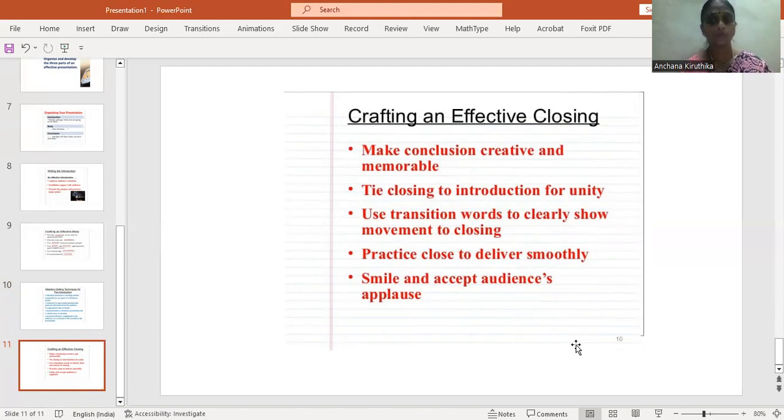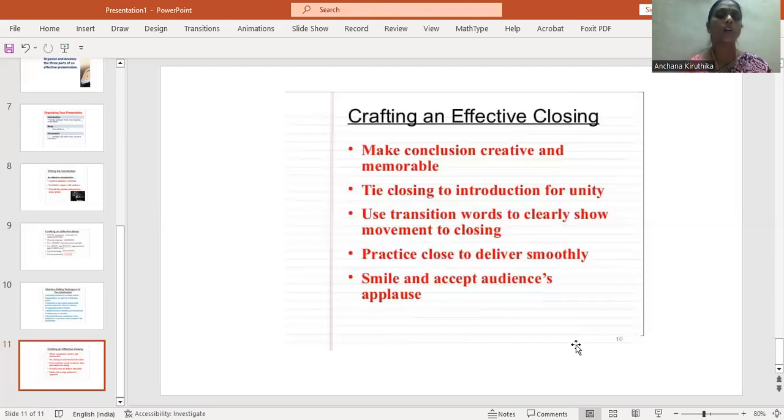As a speaker, they have to tie a unity from the introduction to the closing, bringing the connection between these two components. The words should clearly show the moment of closing. We have to use closing words, and the close should be delivered smoothly.